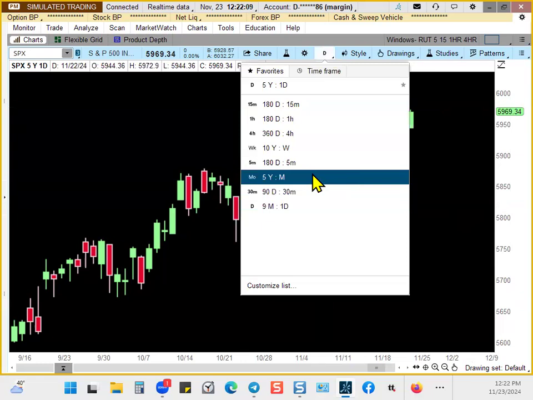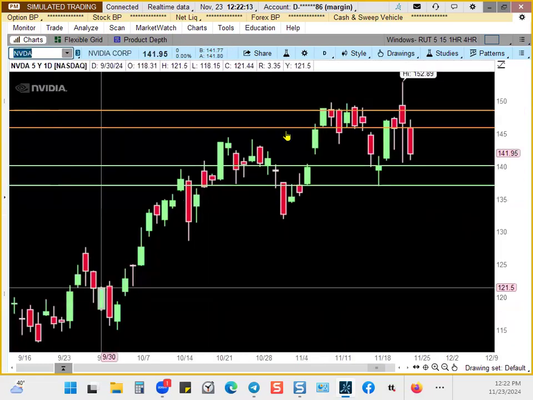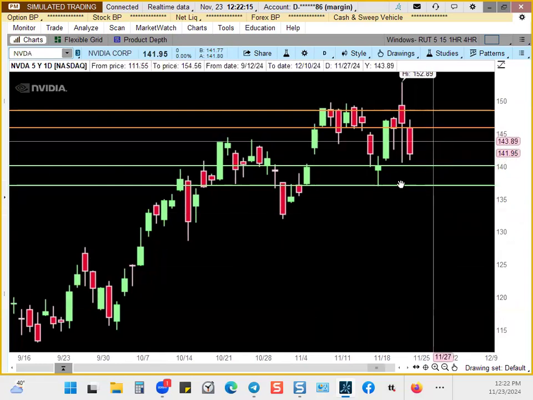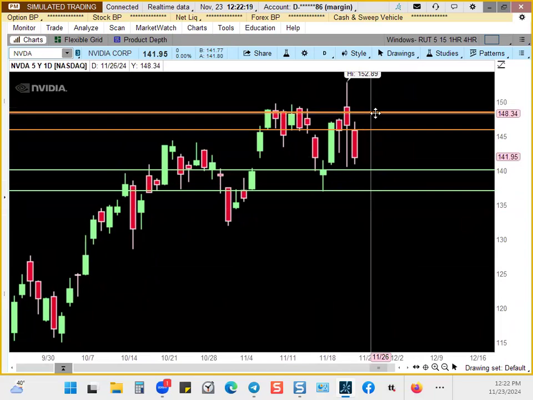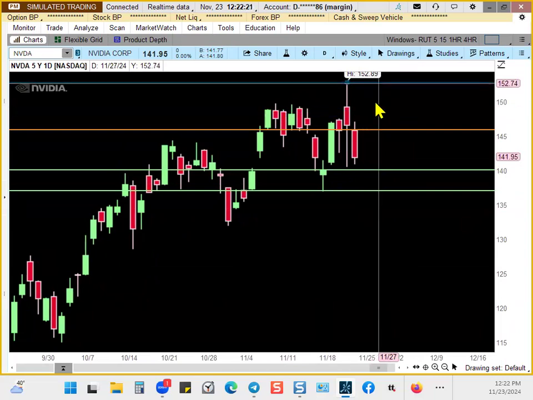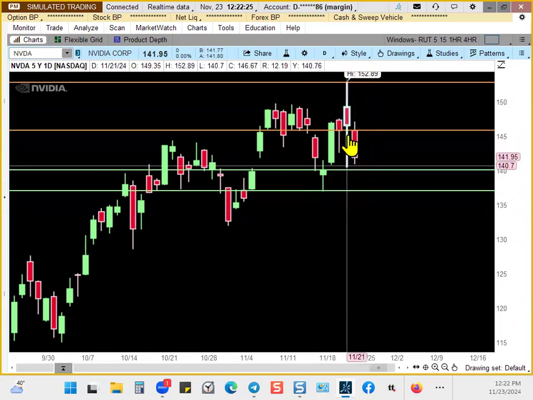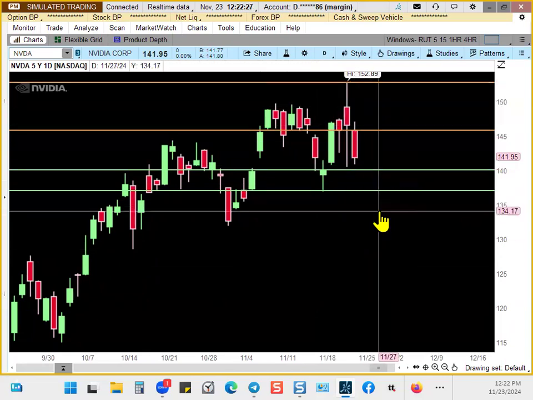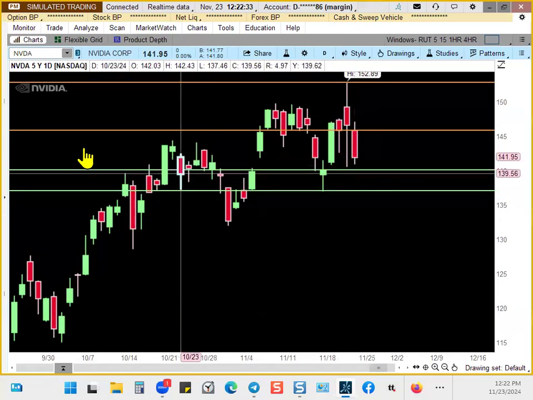And most of us know that we are at all-time highs on most of this stuff. NVIDIA is hilarious, dude. This middle candle makes no sense. What are we doing? Just ruining the entire formation here. But that's fine. Do what you do.